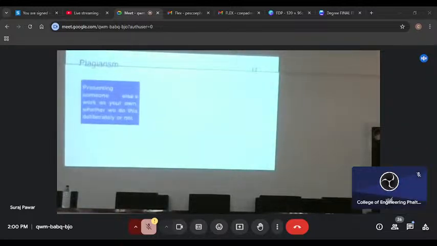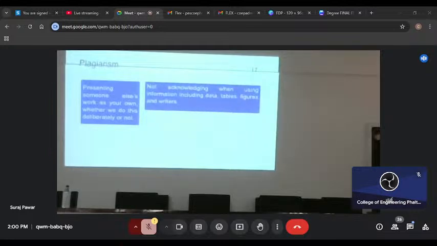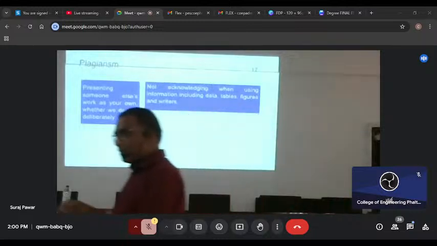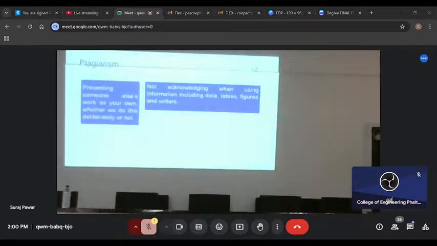Then plagiarism: presenting someone else's work as your own, whether you do this deliberately or not. Sometimes we are writing a paper and copying a paragraph as it is for the literature review. If you do not paraphrase that particular sentence, it comes under plagiarism, indicating that this has been taken from such and such paper.